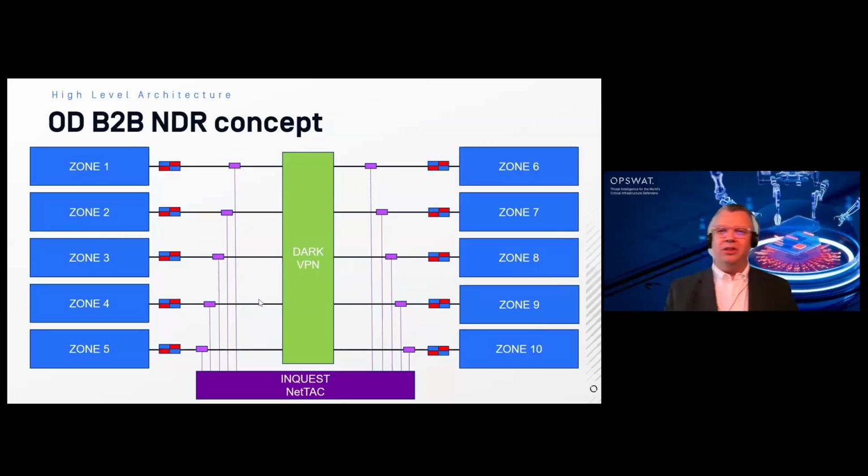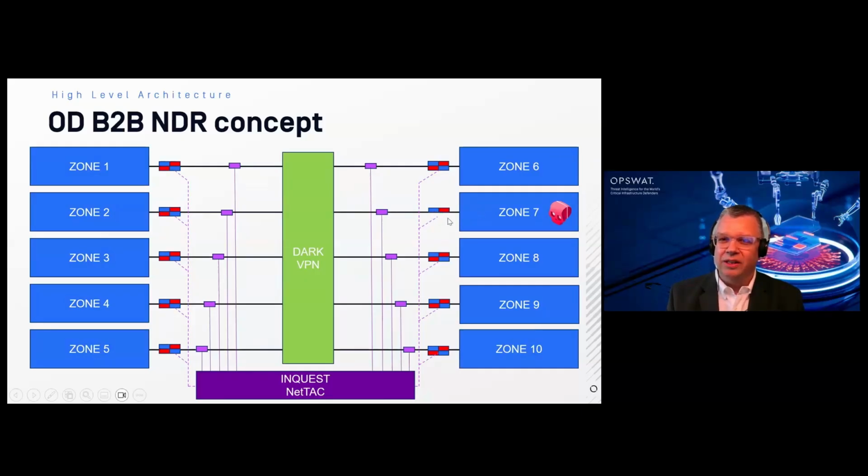So, network detection and response. How does the response capability work? Well, we have an out-of-band connection between the NDR and the back-to-back data diode pair. Whenever the NDR detects malicious behavior in one of the sites, it can selectively switch off one of these services. And here it's also good to understand that it's not making the site blind.